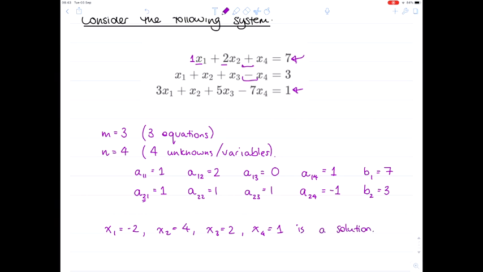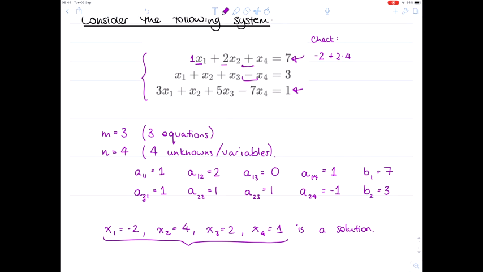If you don't believe me, then what do? Well, you want to check that for each of our 3 equations, if you substitute these values into the left-hand side, then you get the right-hand side. So let's just have a look. For our first equation, I'm going to substitute in minus 2 plus 2 times 4.